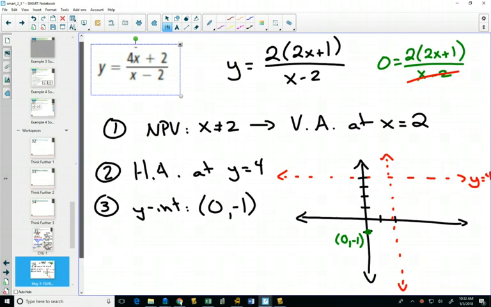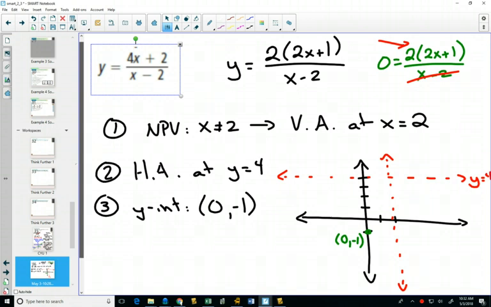Because 0 times anything is 0. The key thing about a fraction equaling 0 is a fraction is only equal to 0 when the numerator is equal to 0. So I wouldn't even have to multiply both sides by x minus 2. You can just look at your numerator and say, what would make my numerator equal to 0? And since it's already factored, you probably can see that it has to be -1/2.